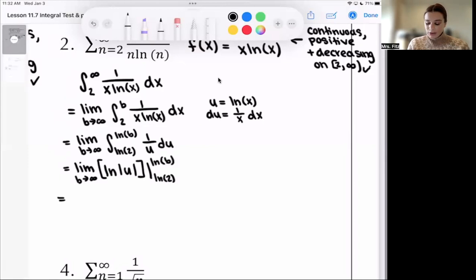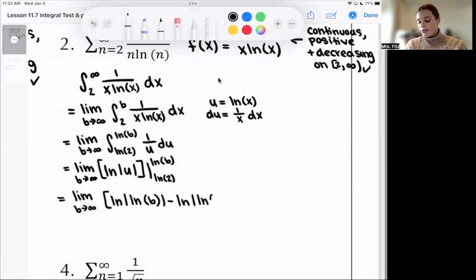And we are going to evaluate that from the natural log of 2 to the natural log of b. Then we have the limit as b approaches infinity of the natural log of the absolute value of the natural log of b, it's a mouthful, minus natural log of the absolute value of natural log of 2. Well, what happens to natural log of b as b approaches infinity?